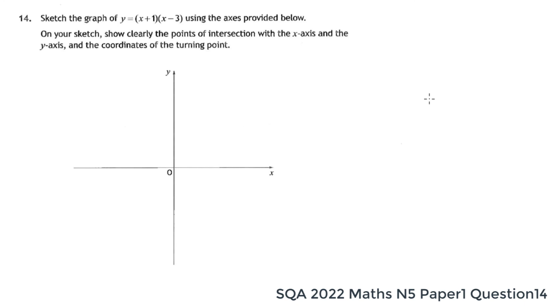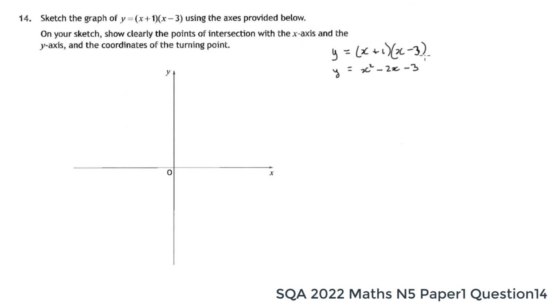Now, the first thing to consider is what kind of graph we are going to be looking at. And we know that if we multiply out an expression like x plus 1 times x minus 3, firsts give us x squared, the outsides give negative 3x, the insides give 1x, that will be minus 2x, and the lasts, 1 times negative 3, is negative 3.